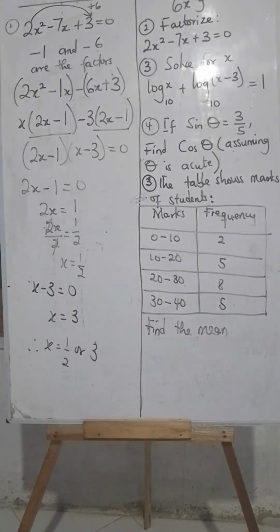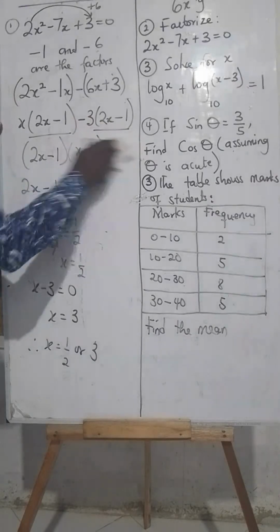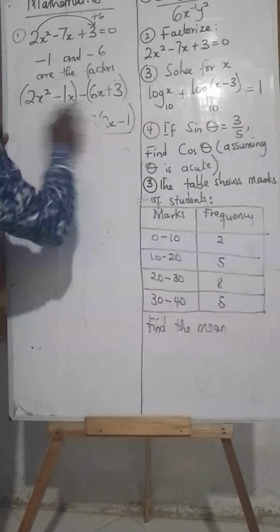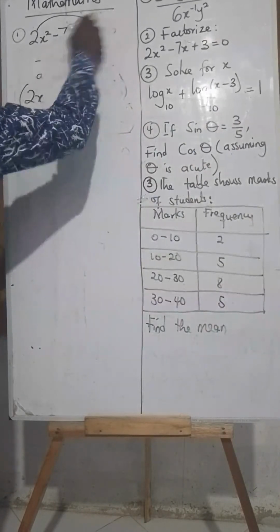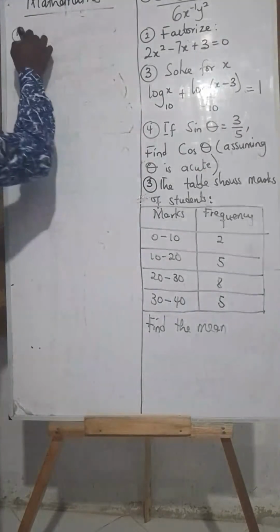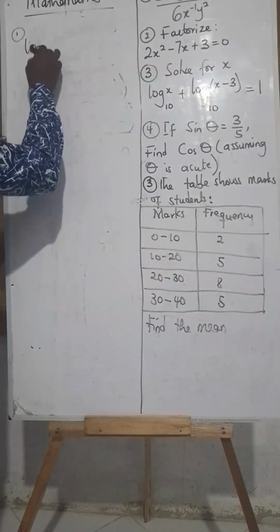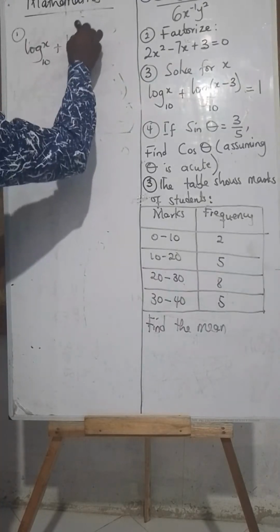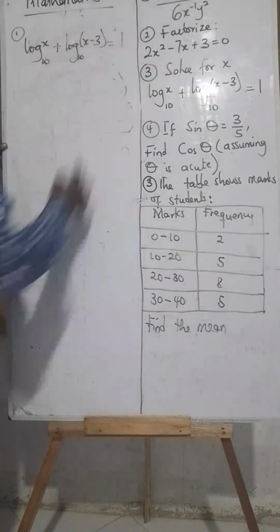We can also solve the logarithm equation here, which you can also look at and solve for us. So we have log base 10 of x plus the log base 10 of x minus 3 equals 1.